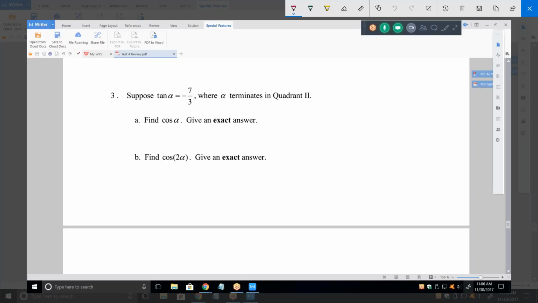Classic trig problem. They give you one trig function, and they tell you which quadrant it's in. And then they're going to ask you about other trig functions and double angle trig functions. So, what's our first step here?